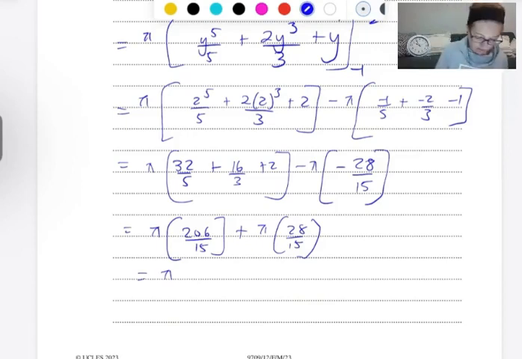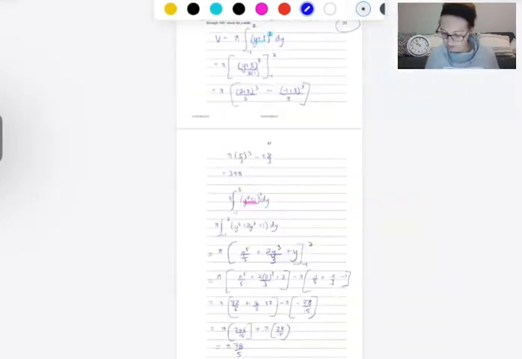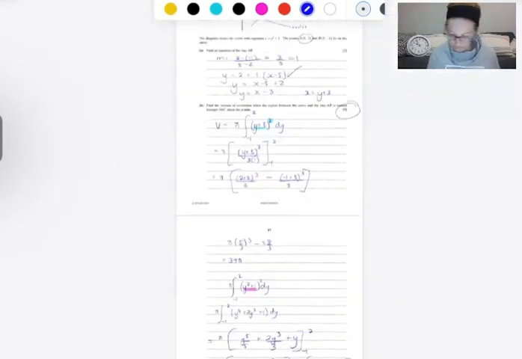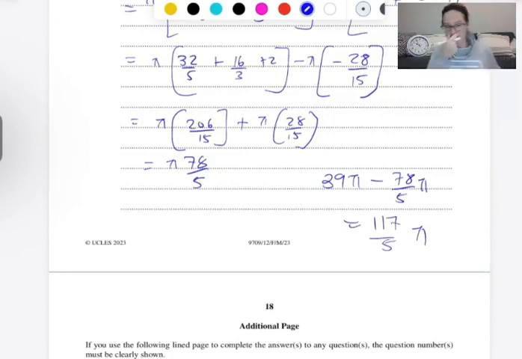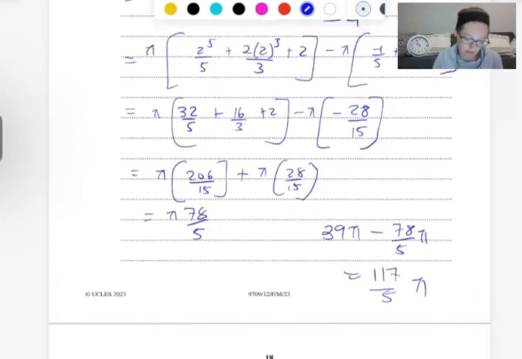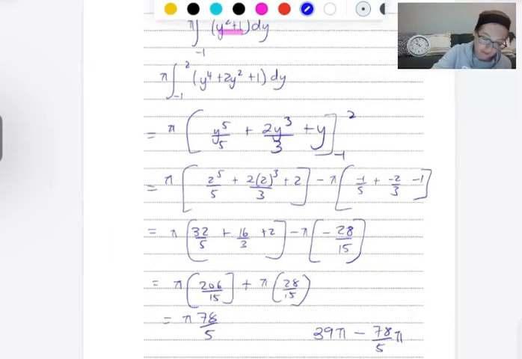Okay, that's 78 over 5 pi. Okay, and so 39 minus that gives us 117 over 5 pi. And that is the correct answer. Okay, so I just needed to double check that. My biggest thing is I didn't do the minus times a minus is a plus.